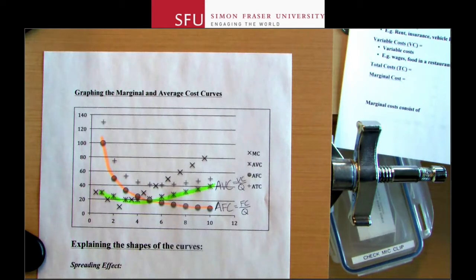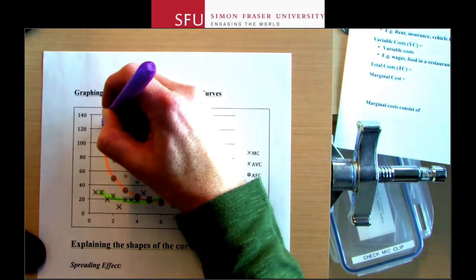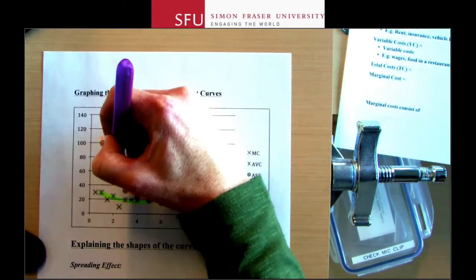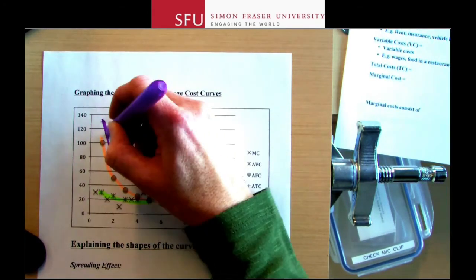And then the average total cost is the sum of both of them. At the beginning, both average fixed and average variable are going down, so of course the average total will also go down.